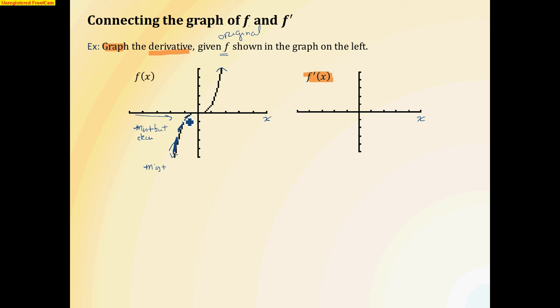As I draw a tangent line here, slope is positive but approaching a horizontal tangent line. As I draw a tangent line here, the slope is positive, and if I draw a tangent line here, the slope is positive, but I said decreasing, but increasing. Can you draw it?